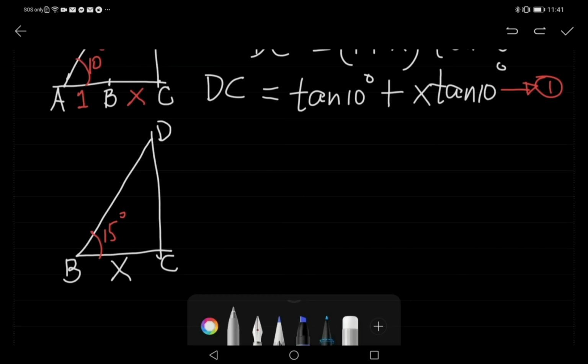So tangent 15 degrees is equal to opposite side over adjacent.